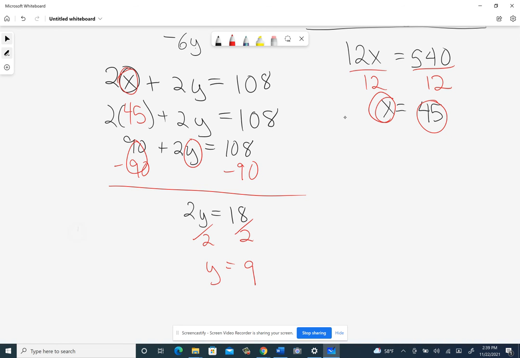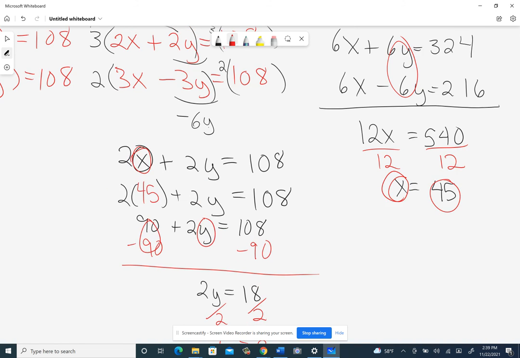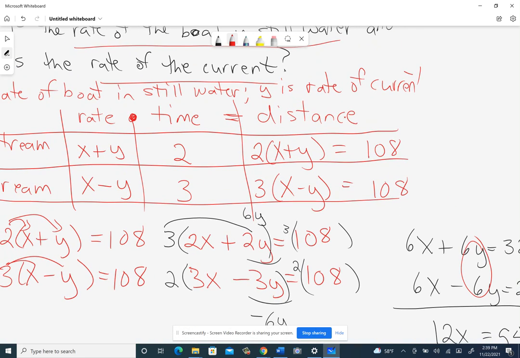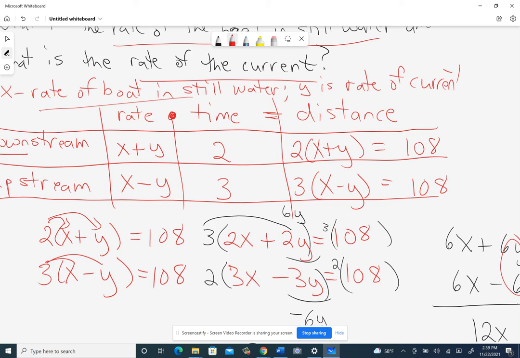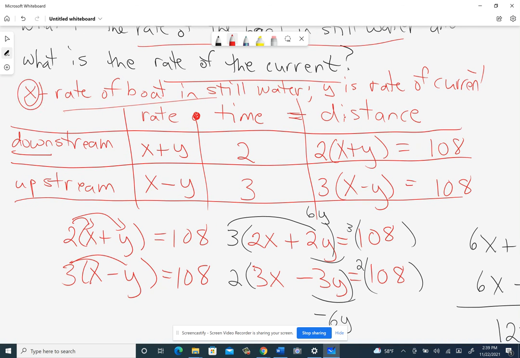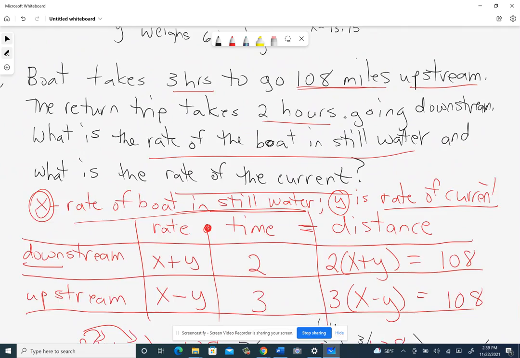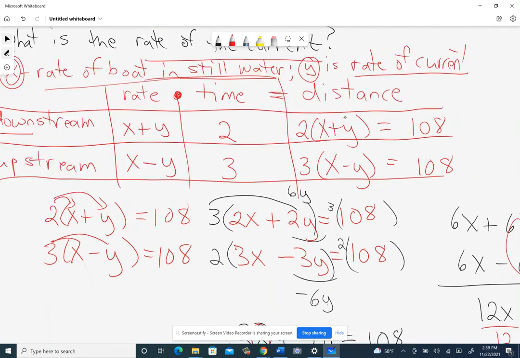All right, so let's think about those to interpret them. So we're going to go back up. X was the rate of the boat in still water, right? See it? So X was the boat in still water. Y right here was the rate of the current. Okay, and let's see, it was hours and miles, so miles per hour.